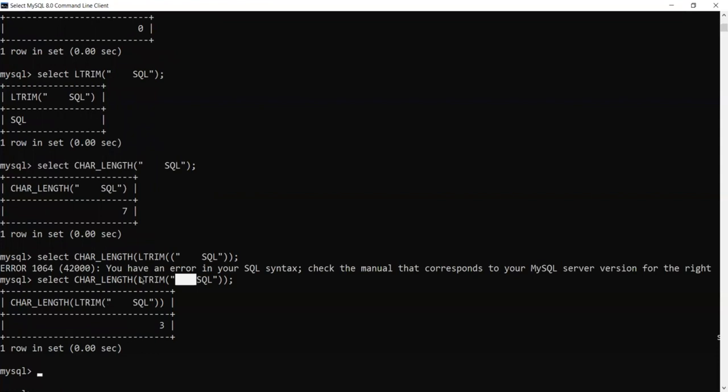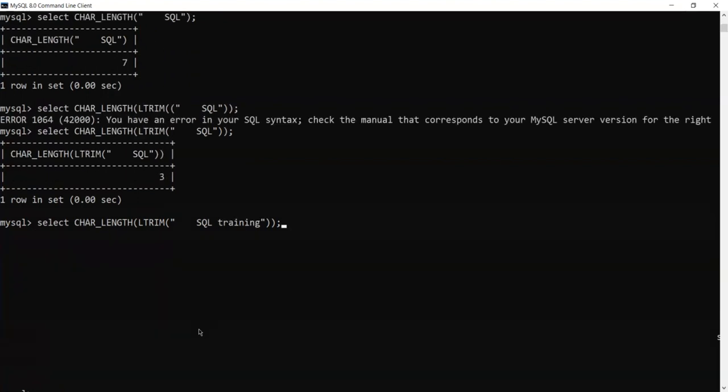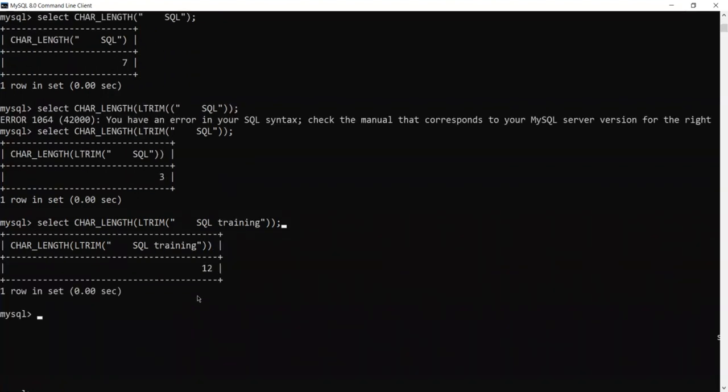But LTrim only trims the left hand side spaces. That is, whatever spaces are present on the left hand side of the string will be taken off. What if I have something like this? In this case, you can see that the total length that came out was 12.